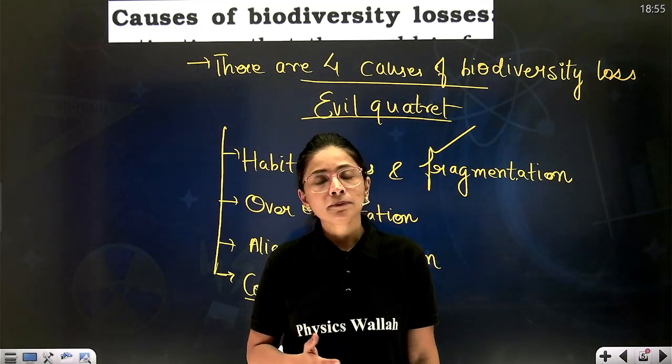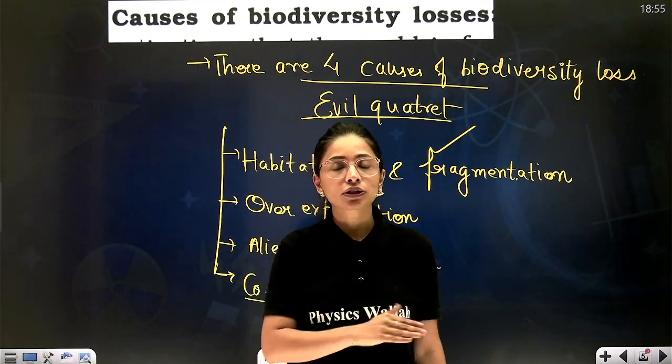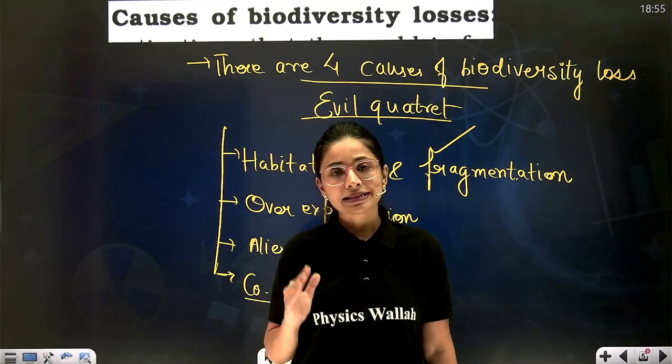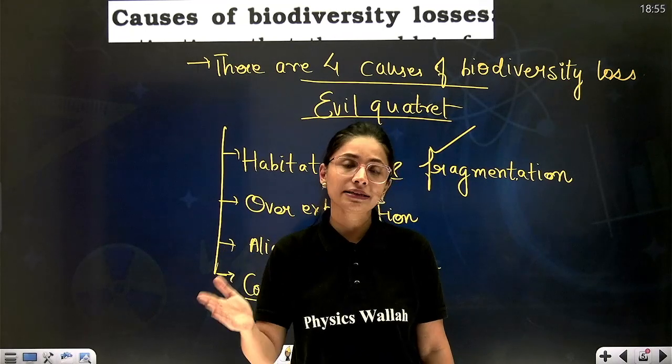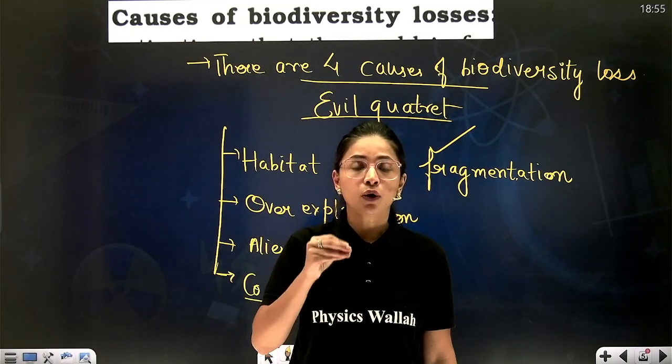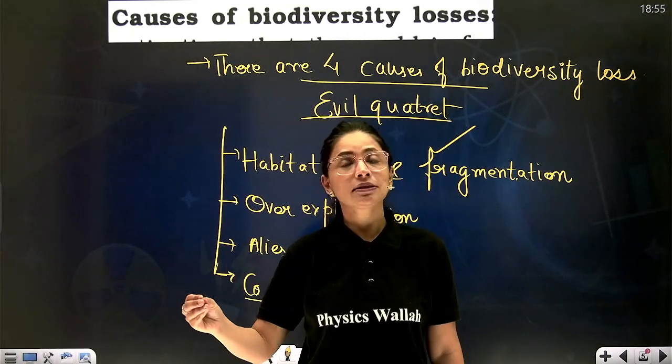So people start cutting down forest tremendously. As a result, they start colonizing the jungles, they start building their homes and factories in the jungle, which is actually home for so many species.